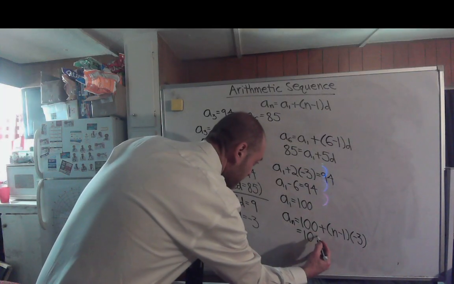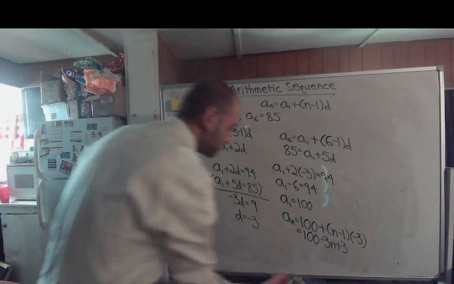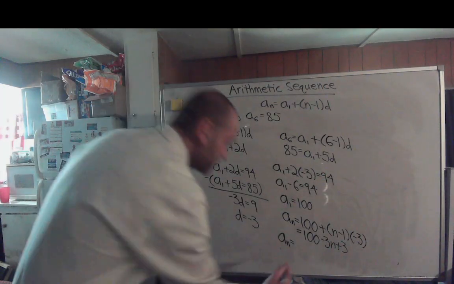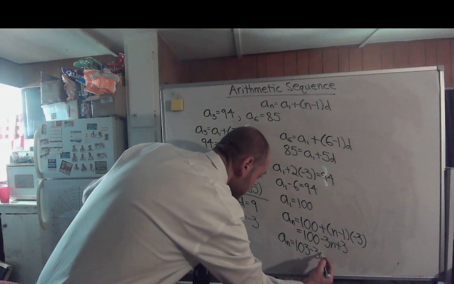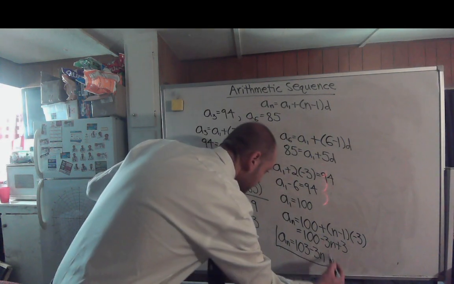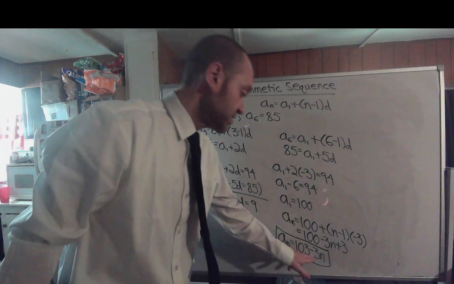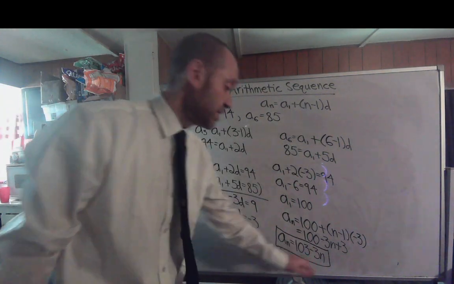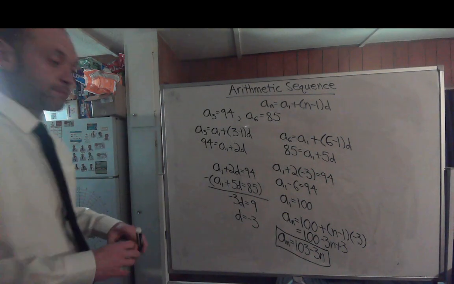You'll have 100 minus 3n plus 3, which means the explicit formula for the nth term of the sequence is going to be 103 minus 3n. So a sub n equals 103 minus 3n. That's the explicit formula for the nth term of the sequence. And from there, I could find any term of the sequence I wish.